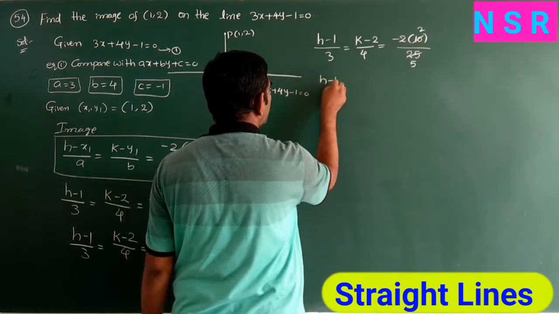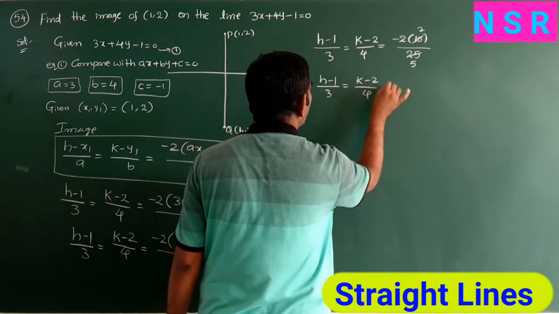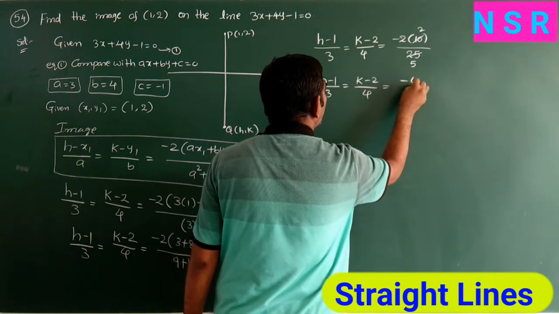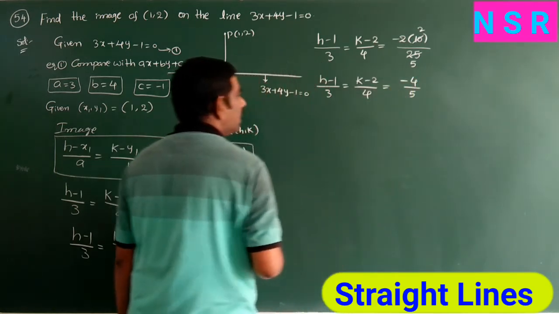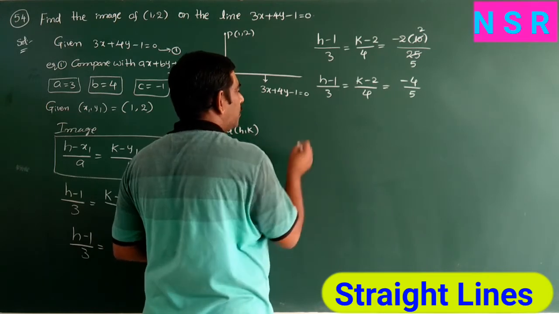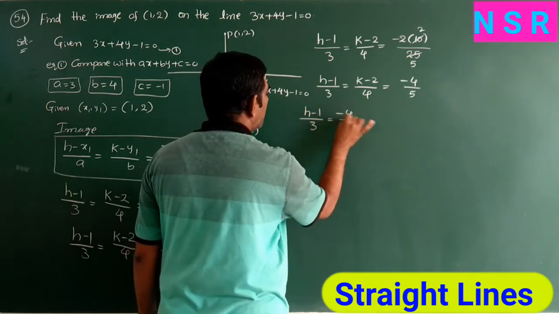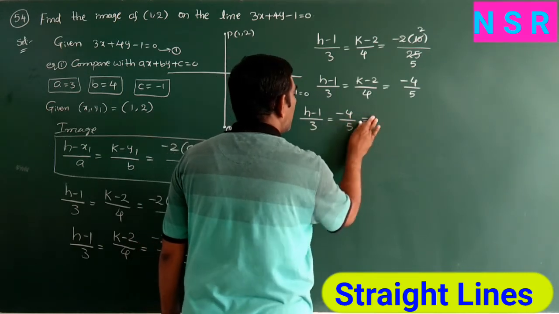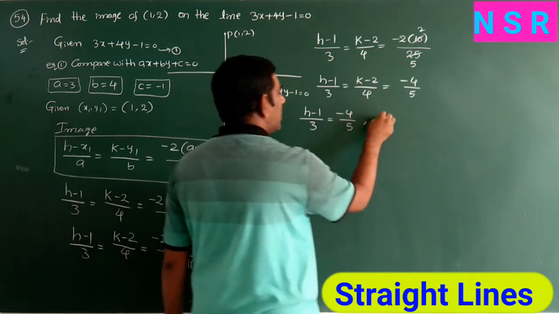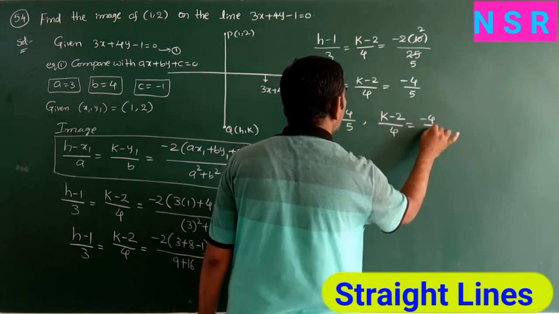Now h minus 1 by 3 equal to k minus 2 by 4 equal to minus 2 into 2 by 5, which is minus 4 by 5. Now h minus 1 by 3 equal to minus 4 by 5 and k minus 2 by 4 equal to minus 4 by 5.